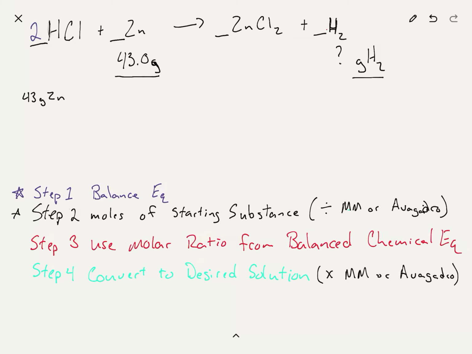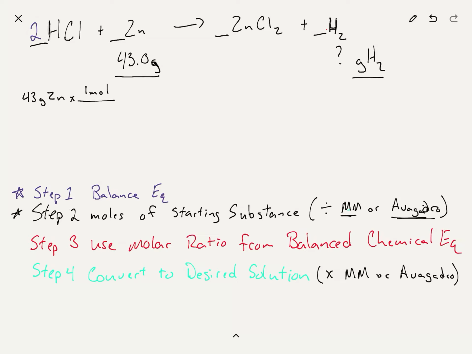As I showed here in step 2, you need to get to moles of your starting substance. So we need to find out how many moles of zinc we have. We're either going to divide by our molar mass or Avogadro's number. Since we have grams, we're going to divide by our molar mass, or multiply by 1 mole over our molar mass, which is the same.